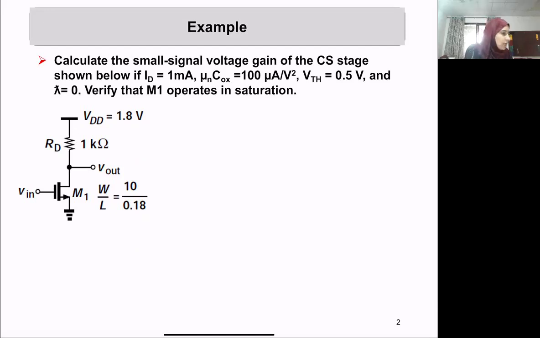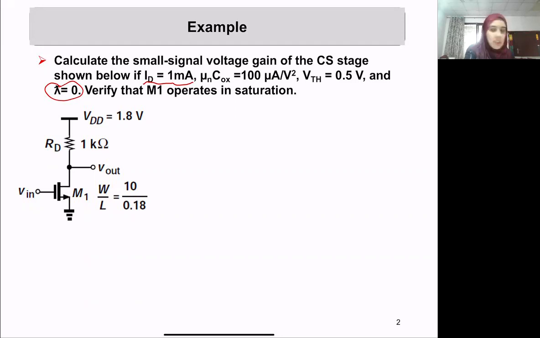We have ID equal to 1 milliamp, and mu n COX of 100 microampere per volt squared. We have a threshold voltage of 0.5, and we are given specifically that lambda equals 0. This means that we should ignore the R out, assuming that it's infinity.